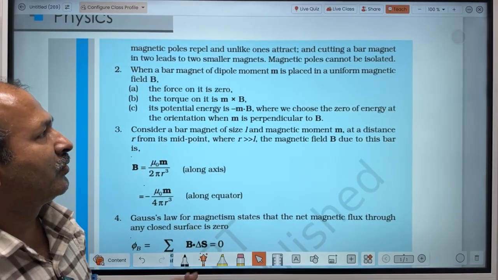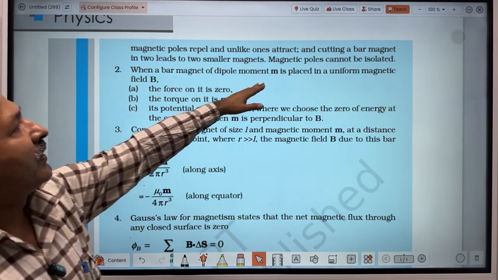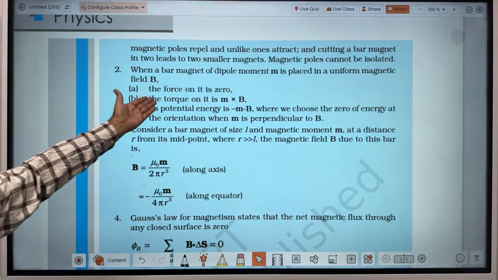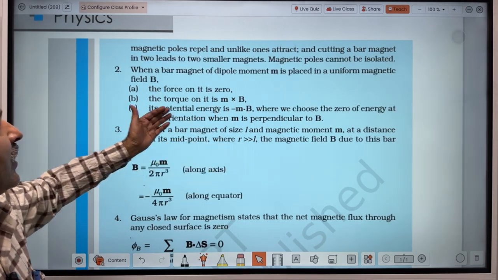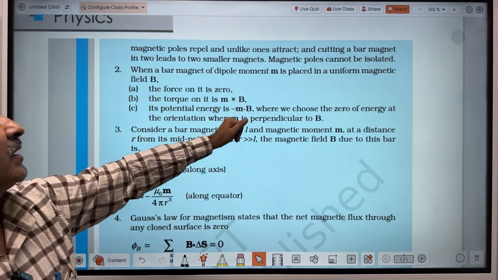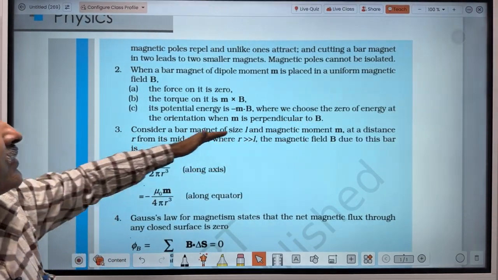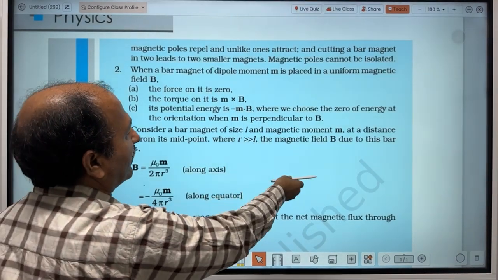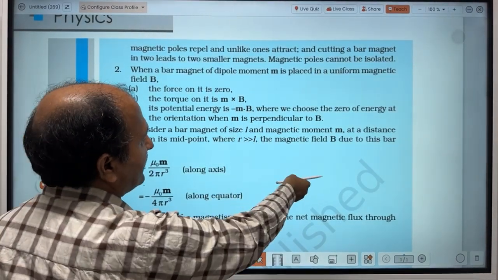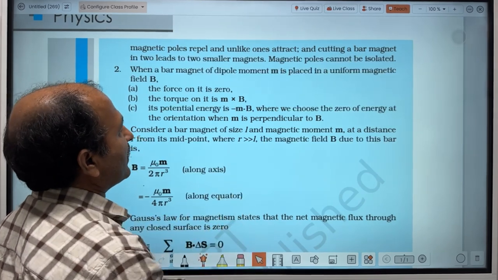If you keep on cutting, still you will get a magnet with two poles. When a bar magnet of dipole moment M is placed in a uniform magnetic field, then the force on it is zero. There will be torque M cross B, and its potential energy will be minus M dot B, where we choose the zero of the energy at the orientation when M is perpendicular to B. Means the dipole is perpendicular to the field, so the angle between the two is 90 degrees.